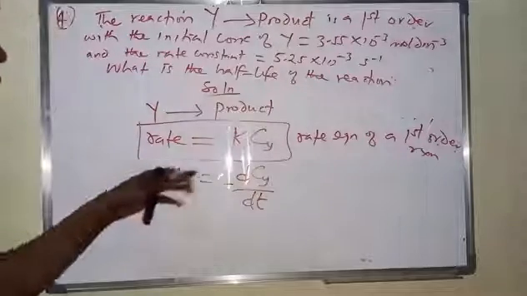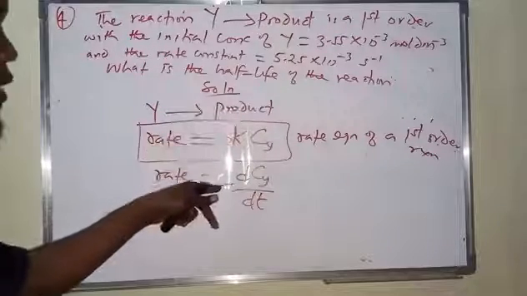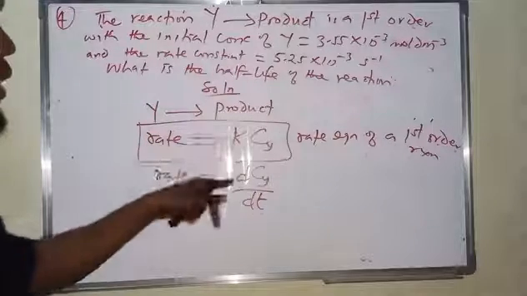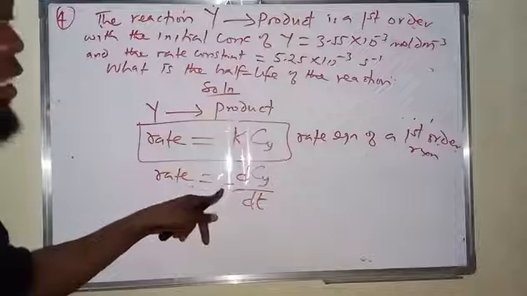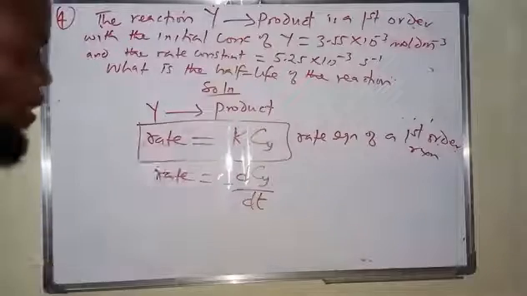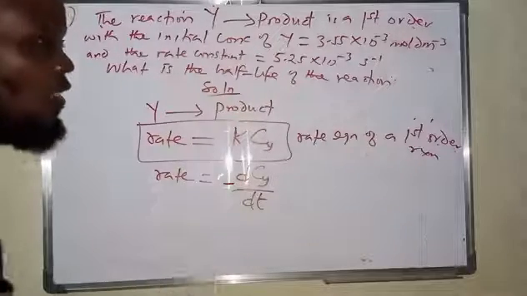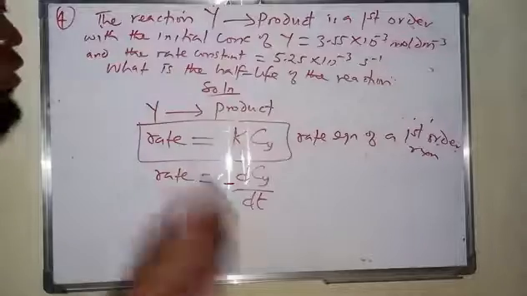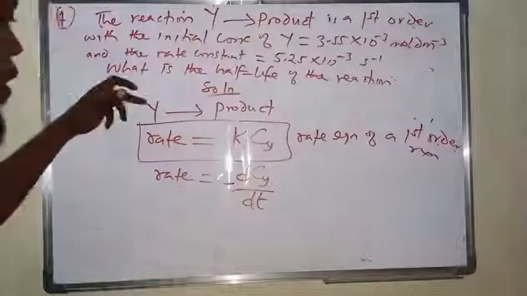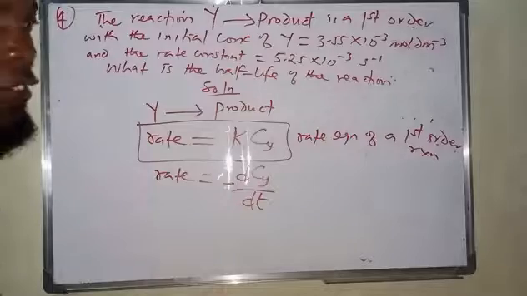If I'm expressing the rate in terms of the product, let's say the product is P, you can say dP/dt, and in that case we don't need to put a negative. If it is in terms of the reactant, you have to put a negative, and this negative indicates that as the reaction goes on, the concentration of the reactants is decreasing, of course.